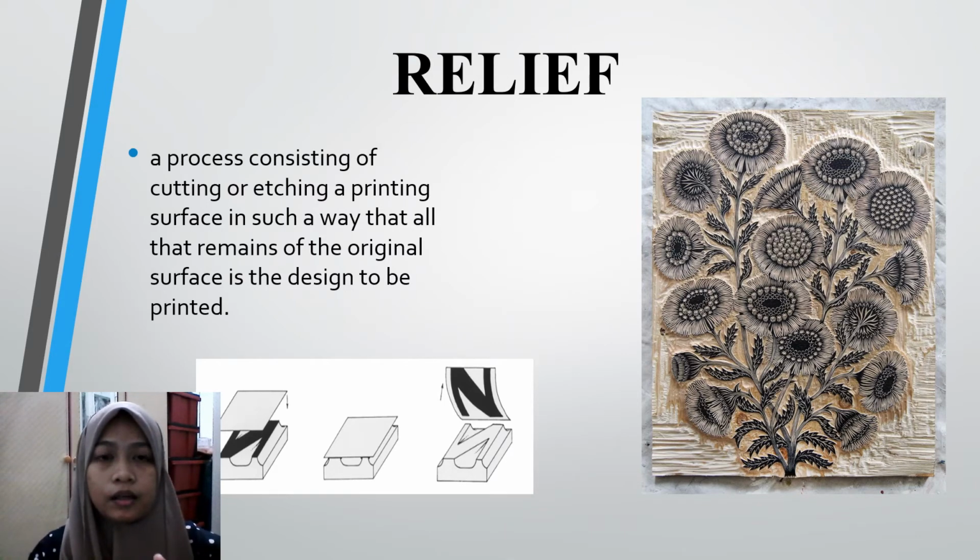The ink is applied to the surface with a roller, I mean the design surface, and paper is placed over the inking matrix and rubbed or pressed to transfer the image. You can rub it or press it with a spoon or roller to make sure the ink sticks to the paper.